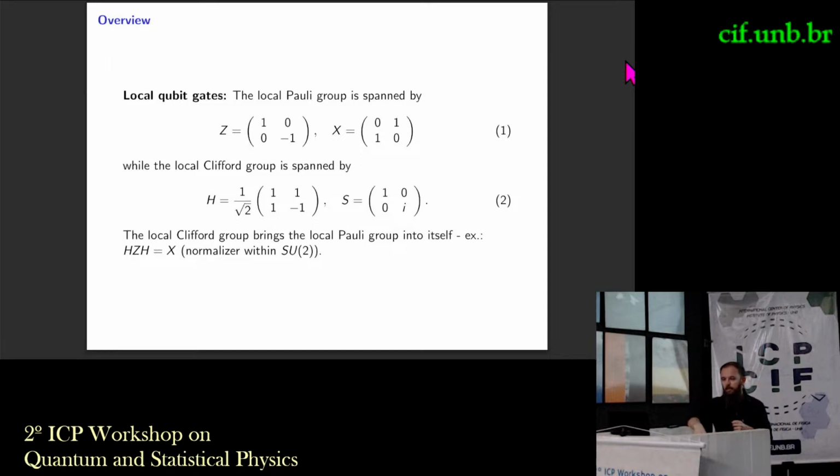And the idea here is that the local Clifford group brings a Pauli matrix into a Pauli matrix. So in group theory, it is called the normalizer subgroup within the full SU(2) group.